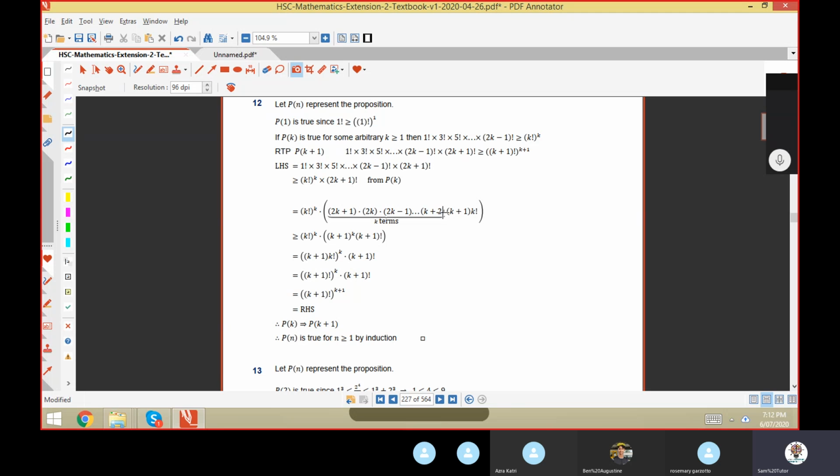And then this component here, everything extra that you're going to have, other than these two, so k plus 1 factorial, is automatically bigger than k plus 1 to the k. So this multiplication is going to be bigger than k plus 1 to the k.